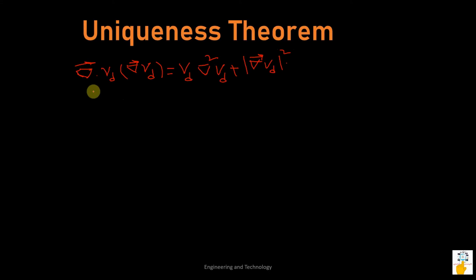Now this term del square Vd is 0, so whole term will be equal to 0.